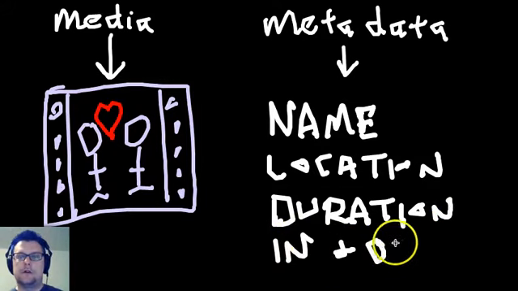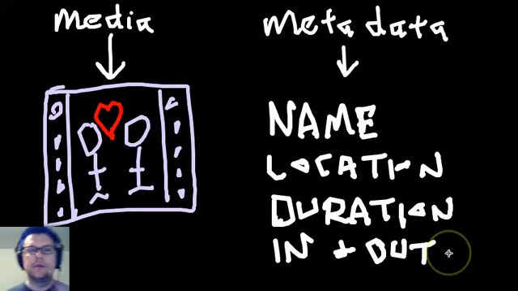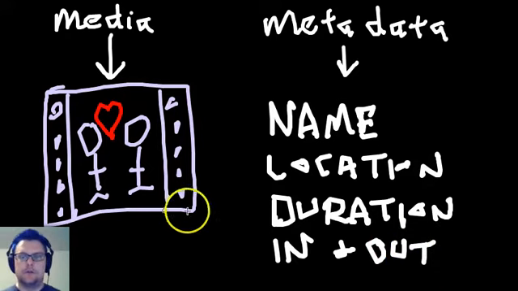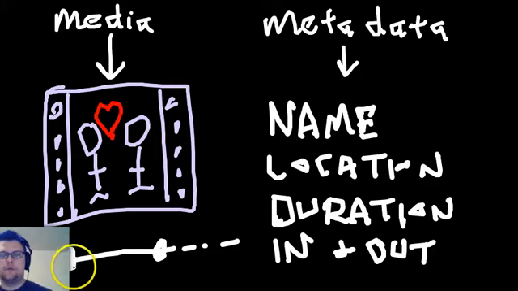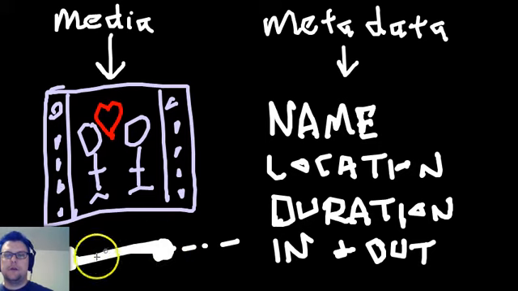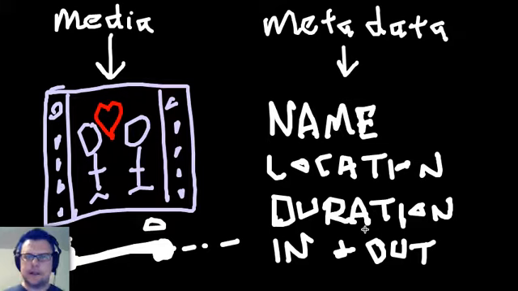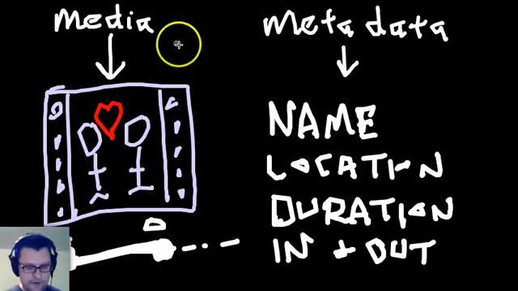So if it's a big long clip, but you're only using a few seconds of it, it tells you where in time it starts and where in time it stops, even if it extends beyond those of the whole clip. You say, oh, we're only using this part of the clip from here to here, so you have in and out points. So metadata is a lot of things, and it's even more than that.